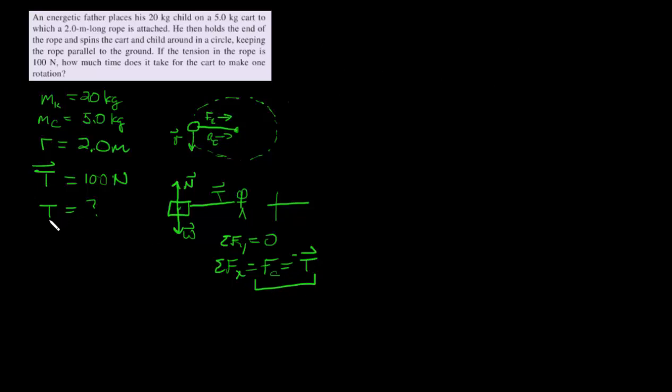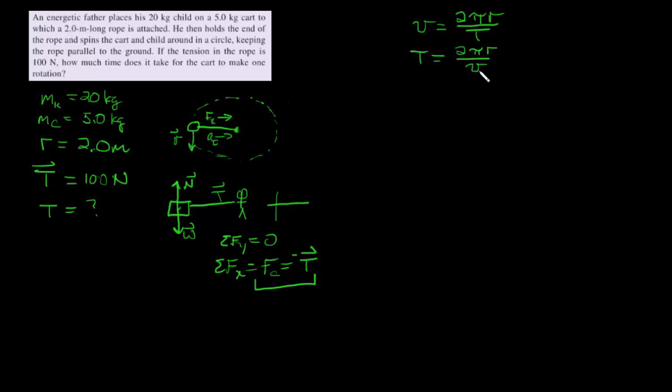So let's come over here and I'm going to work. We want period. To get period, we can think about velocity. Velocity in circular motion is just 2 pi r divided by the period. And I want period, so I can rearrange this. I get that the period is 2 pi r over velocity.